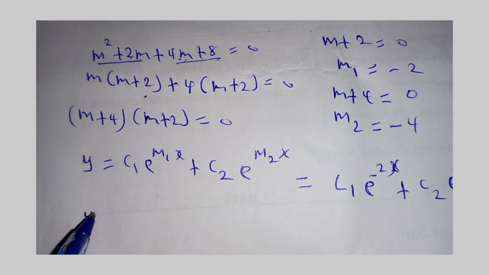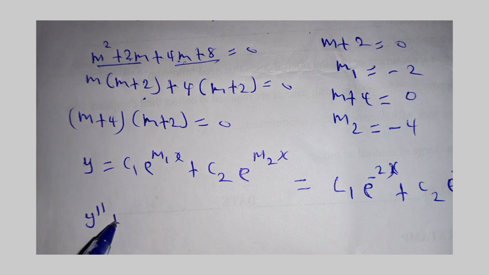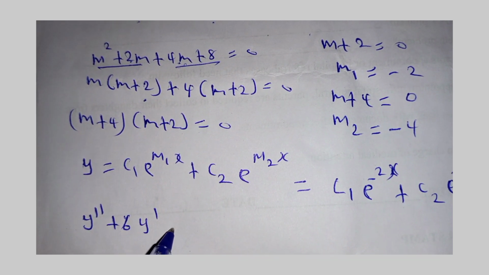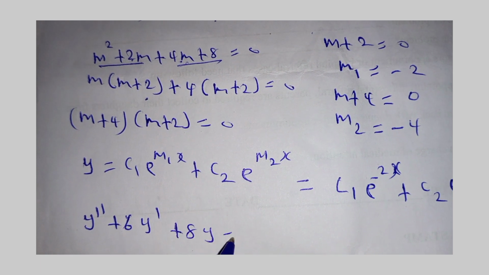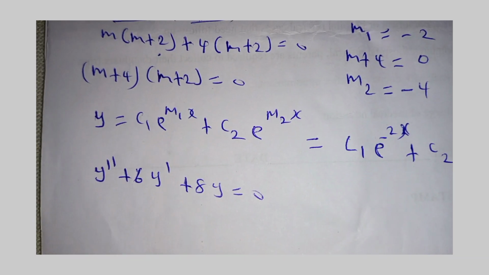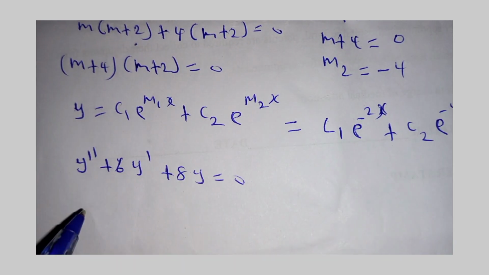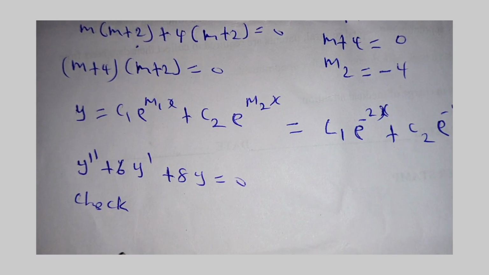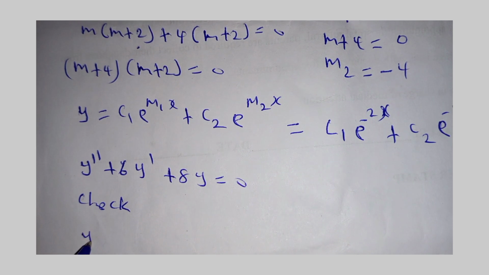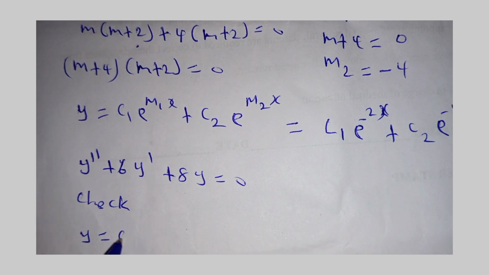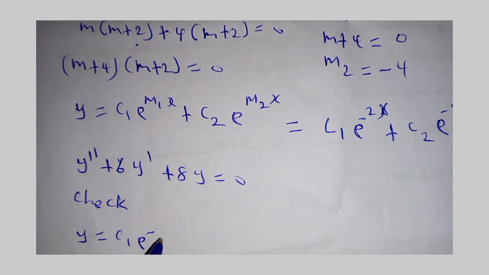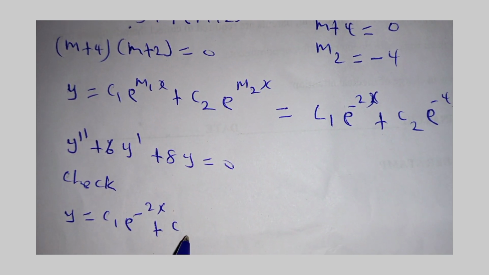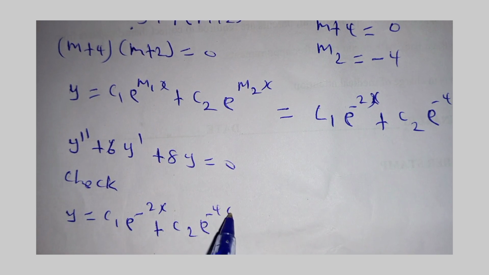Our given ODE was y double prime plus 6y single prime plus 8y is equal to 0. So we can check whether our working makes sense or it is correct or not. Check. So we are going to use the fact that y is equal to c1 exponential negative 2x plus c2 exponential negative 4x.